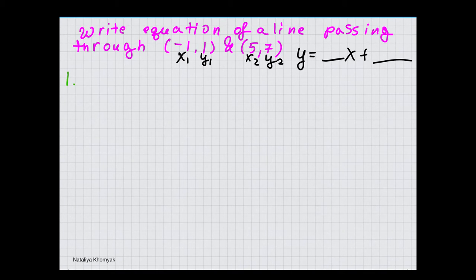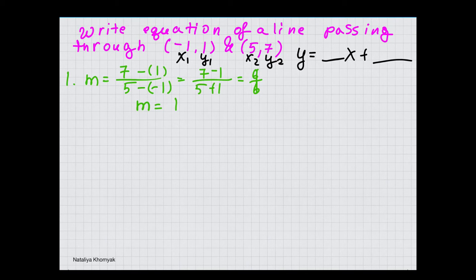First thing we want to do is to calculate slope, and it's equal to y2, which is 7, minus y1 out of x2, 5, minus x1, negative 1. So we have 7 minus 1 in numerator, 5 plus 1 in denominator. So we get 6 out of 6, which is 1. So slope is equal to 1.